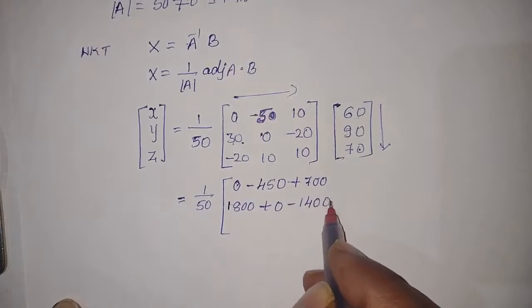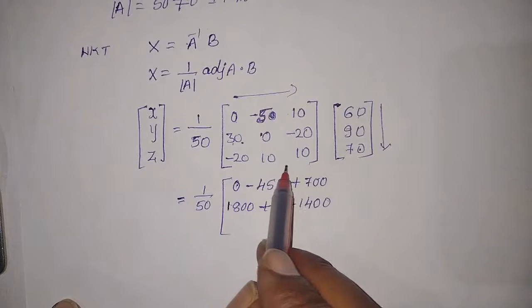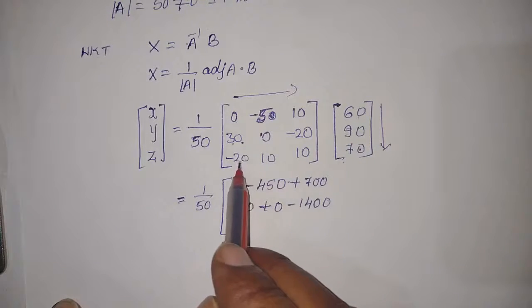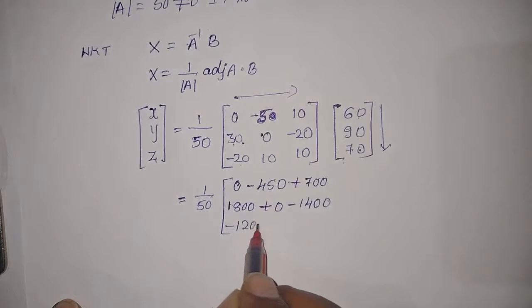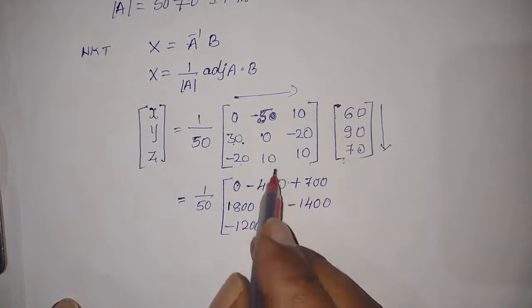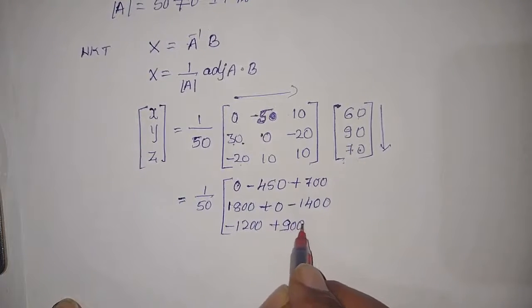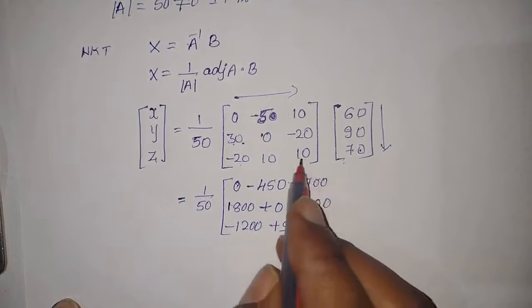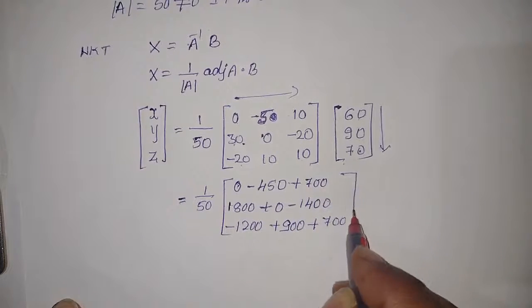Clear? Next we go for the third row, multiplied with the same column: minus 20 into 60 is minus 1200, plus 10 into 90 is 900, plus 10 into 70 is 700. Clear?